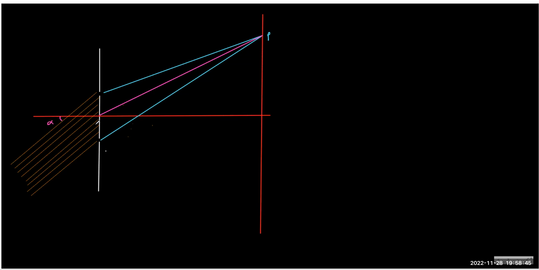Yes, sir. Because if the source is below, then only light will come like this. And if you shift the source downward, the fringe pattern will shift upward, isn't it? Yes, sir.